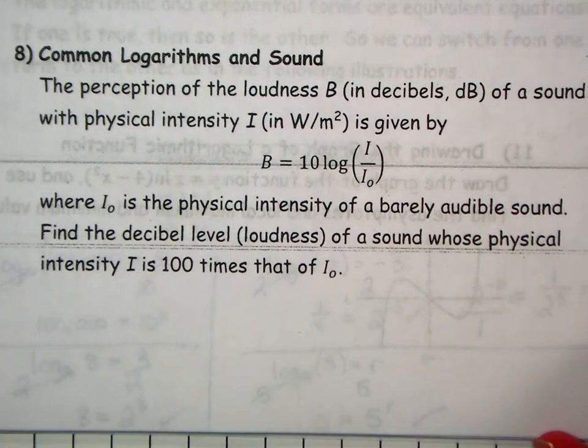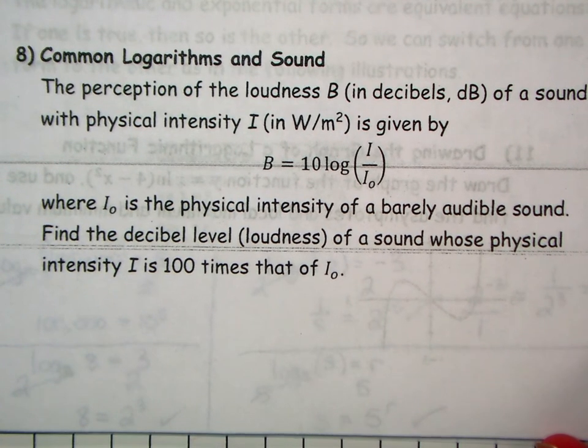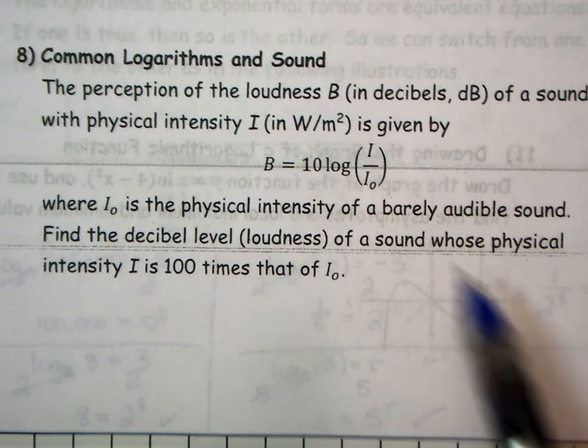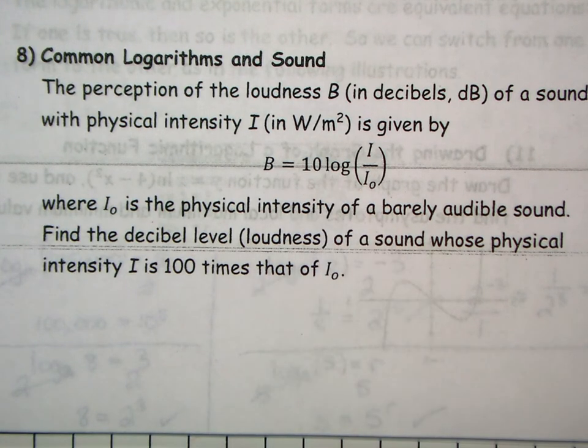All right. Let's go ahead and look at number 8 here, because this is going to have us solve an equation with only variables in it, if you will. So the perception of the loudness B in decibels.